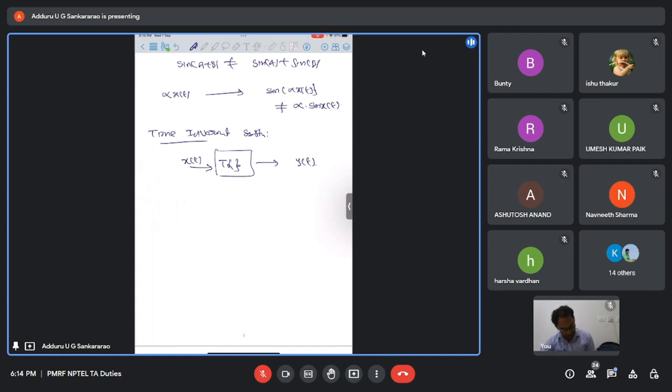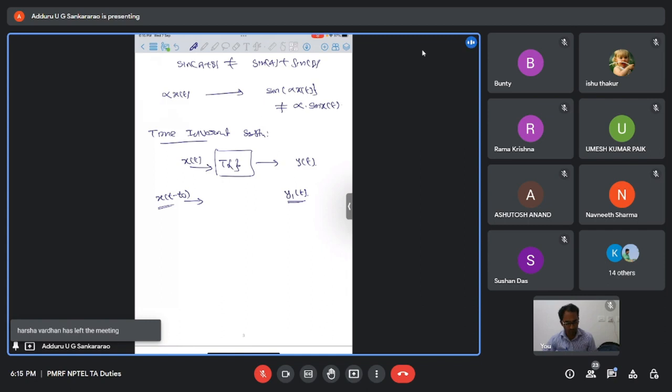So now let us say I am giving shifted version of input signal, x of t minus t naught. If I am giving that, let us say I am getting output y1 of t.